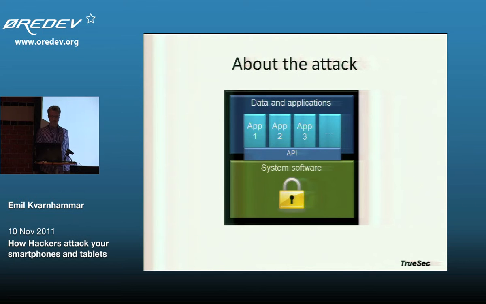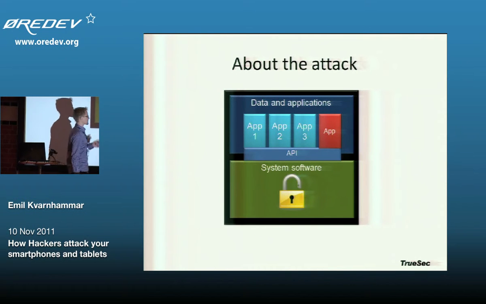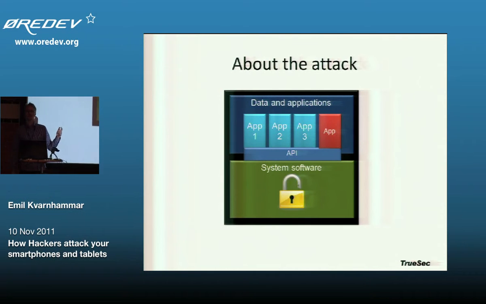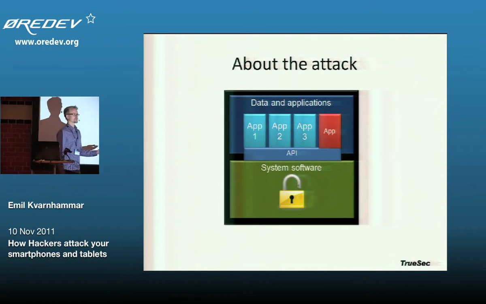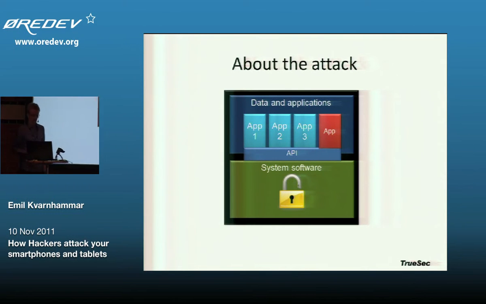So let's go back to this platform picture. I installed this cool puzzle from Android Market. After that, the cool puzzle utilized a vulnerability, a privilege escalation, so I get root access, which means that I can remount the system partition to have read-write access. Remember, initially it's read-only, but I remount it to read-write.